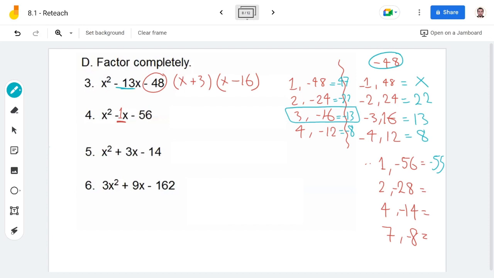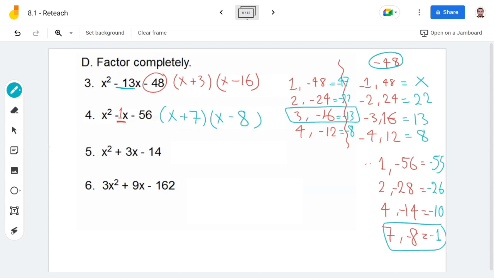So as we can see here, with 2 and 28 we get negative 26. Here we will get negative 10. Here we will get negative 1. Which one represents the b? It's 7 and negative 8. So now open two brackets: x plus 7 and x minus 8.